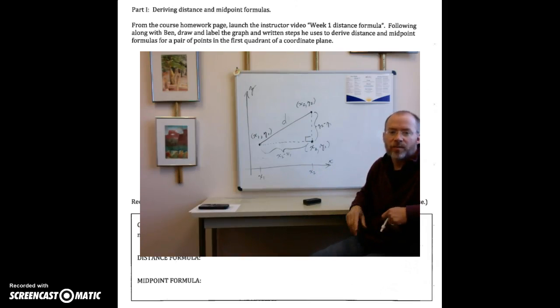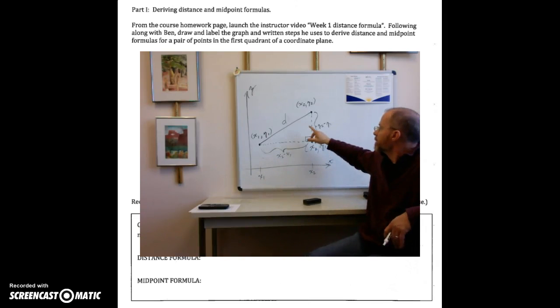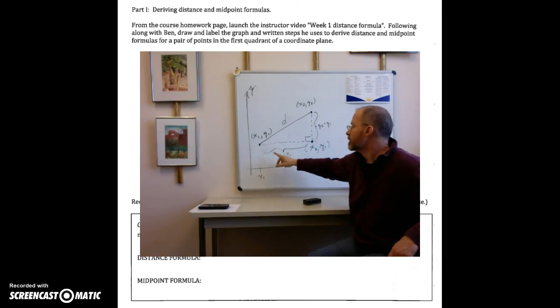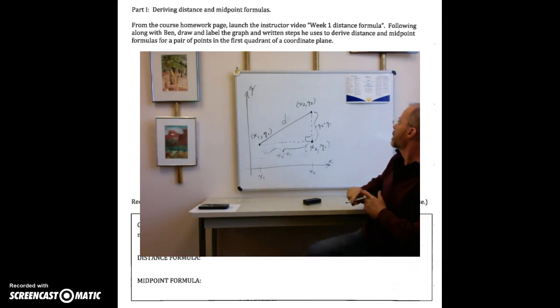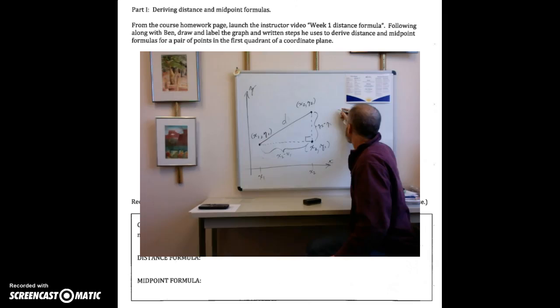That's one that a lot of people remember really well. The Pythagorean theorem just says that the length of the hypotenuse squared is the sum of the squares of the lengths of the 2 legs. That's usually written a squared plus b squared equals c squared. I'm going to write that in reverse order: c squared equals a squared plus b squared.